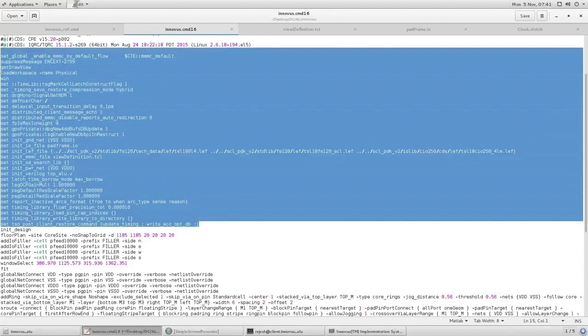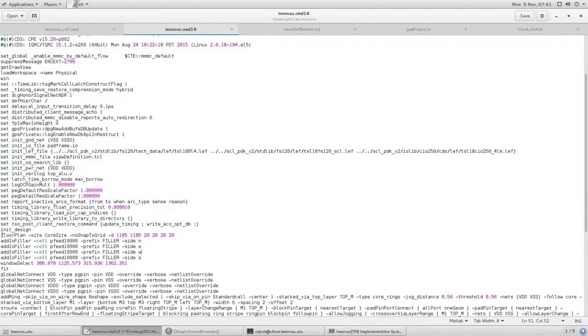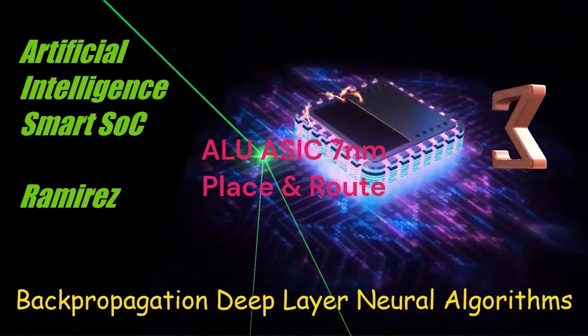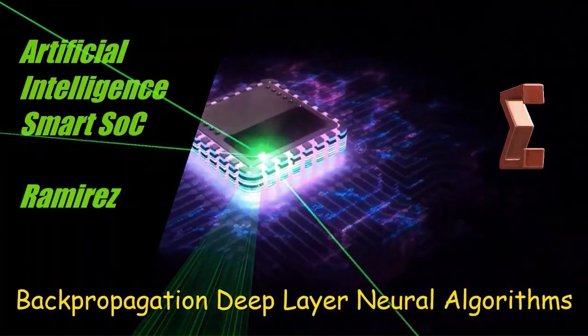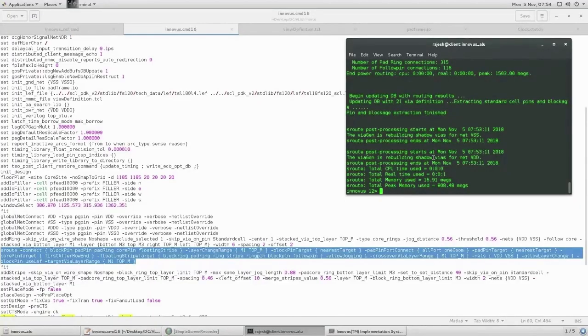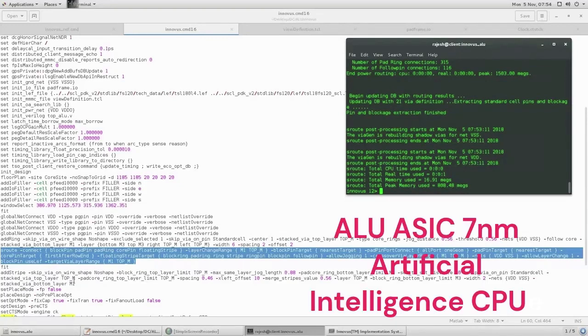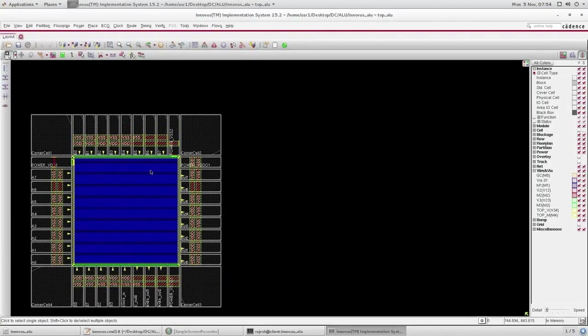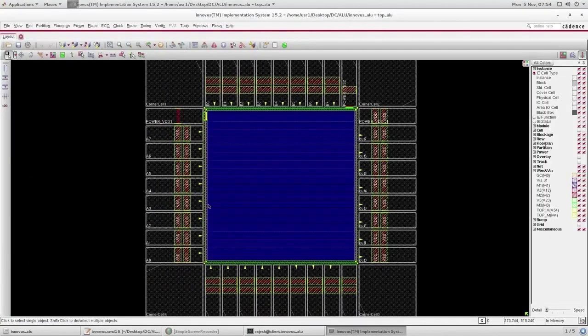Four, generate new constraints for placement on the basis of a timing analysis done using the wire load and RC delay values derived from the initial placement. Five, perform placement. Six, optimize the clock trees and scan connections. Seven, make logic changes, including changes to circuit power levels, to fix timing problems.